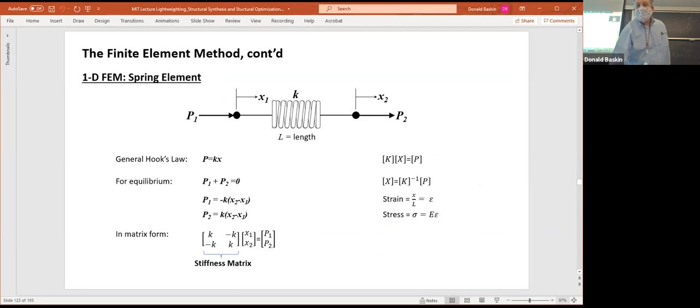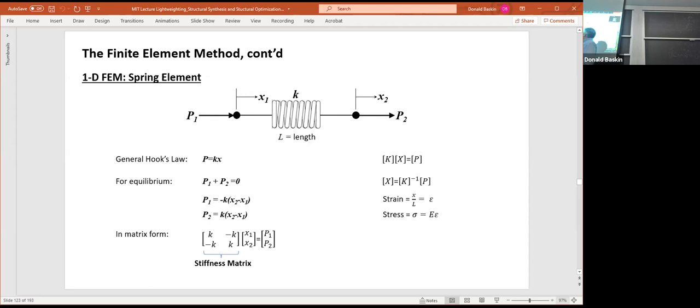Here's a really simple example. This is like a 1D finite element analysis problem: a spring with two different forces acting on it. The spring has spring constant K. So general Hooke's law applies here. The force equals the stiffness constant K times the displacement X. It's very easy to draw a free body diagram and come up with three equations.